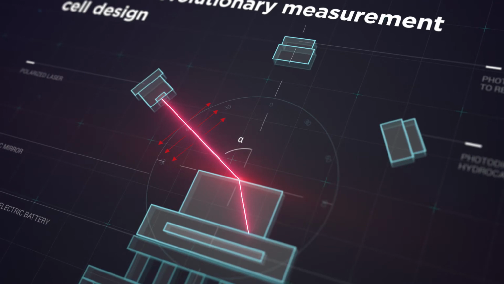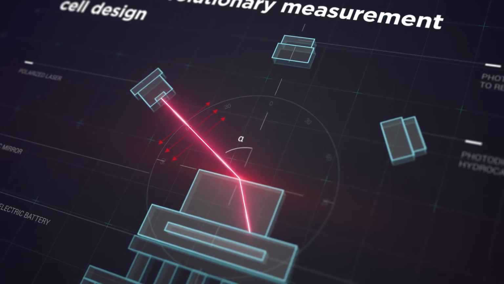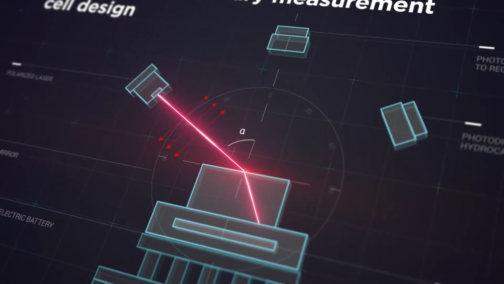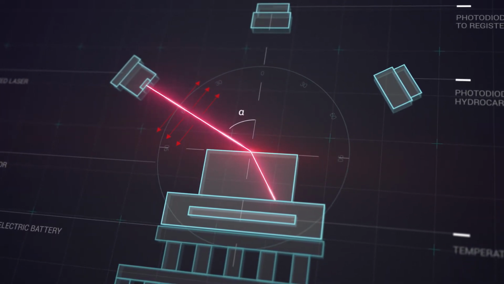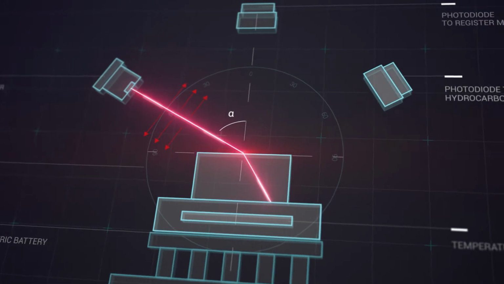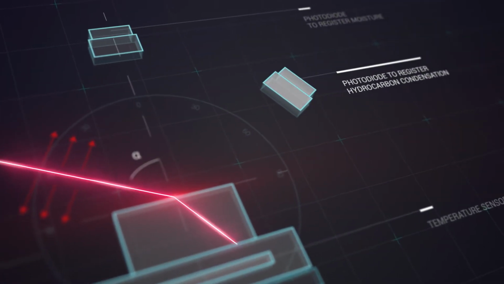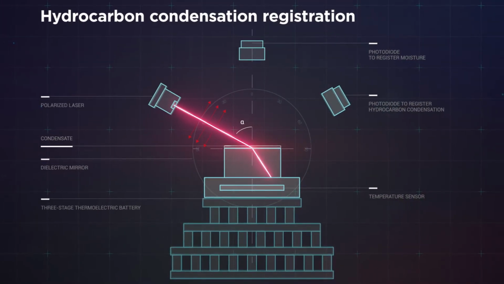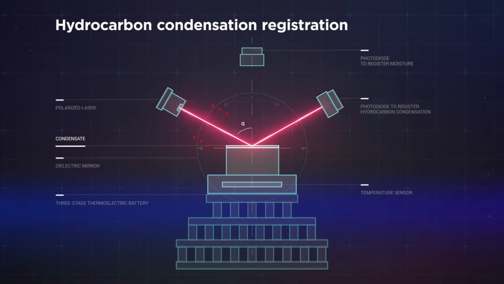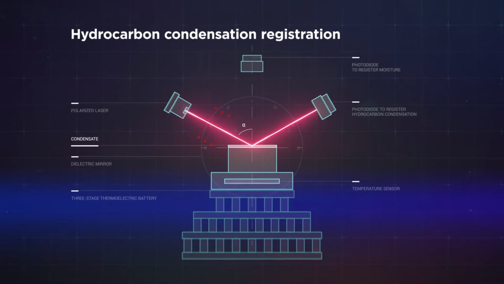When the mirror is clean, the laser beam encountering it at the Brewster angle is totally refracted. As a result, no light is reflected onto the photodetector, and it registers a zero signal. But when a hydrocarbon film condenses on the mirror, total refraction does not occur. The light waves of the laser beam are partially reflected at the gas-film interface.